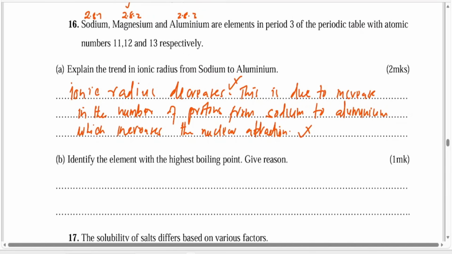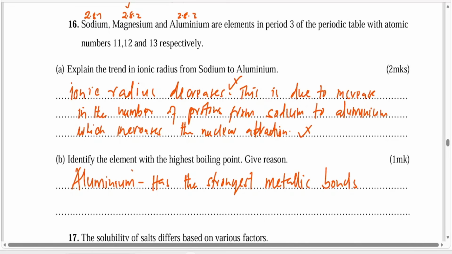So identifying aluminium gets a mark, and then explaining the reason: it has the strongest metallic bonds, and therefore a higher melting and boiling point. So I have a mark again, and a mark on explanation.